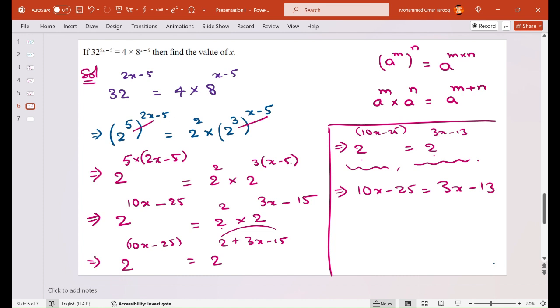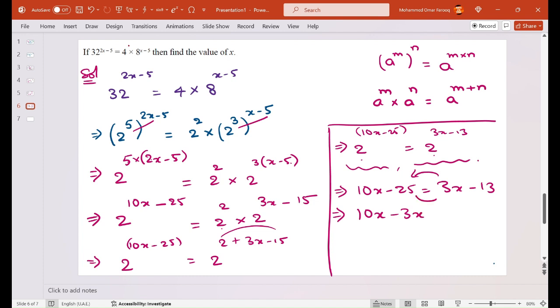Students, I have told you so many times that whenever you have variables on both sides, transpose the variable which is small. So which is smaller here, 10x or 3x? It is good, 3x. So therefore transpose 3x. So what happens here? You have 10x and minus 3x.